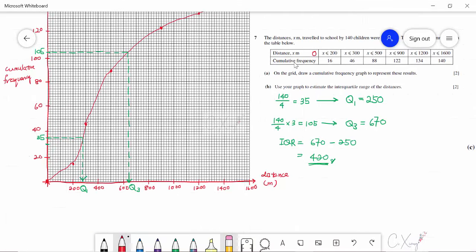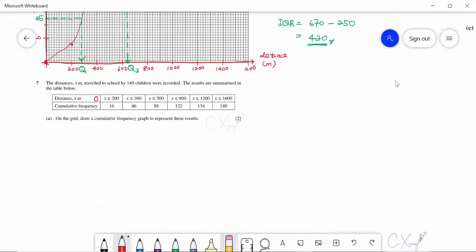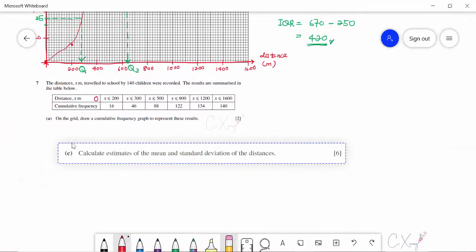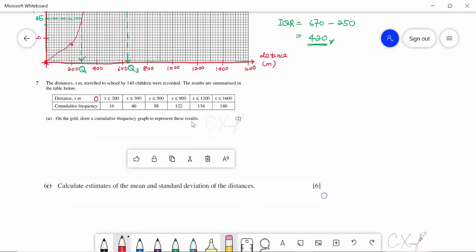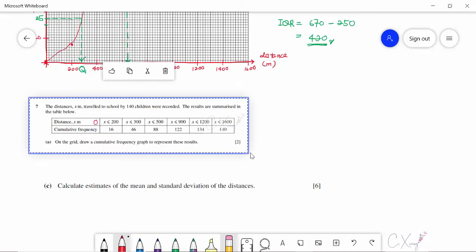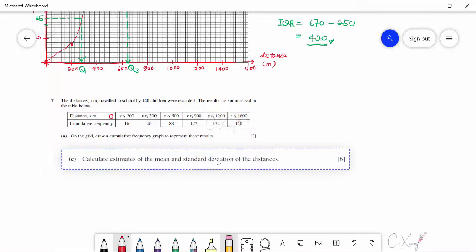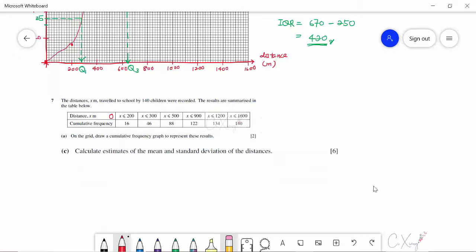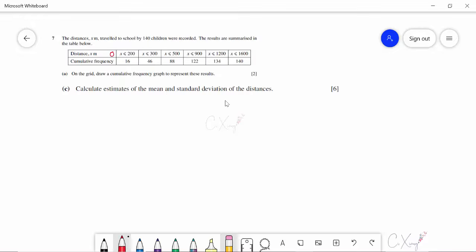The part C for this question, I'll move it down here. For part C, they actually want us to calculate the estimate of the mean. They want us to calculate the mean value and also the standard deviation of the distance, from the cumulative frequency table that they provide us.